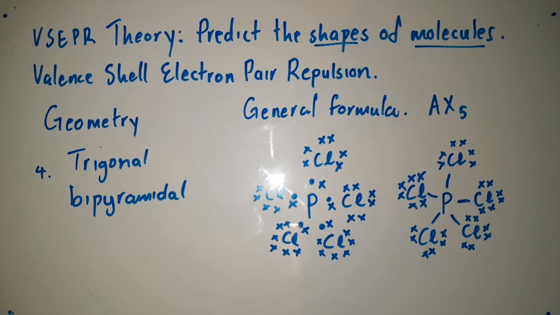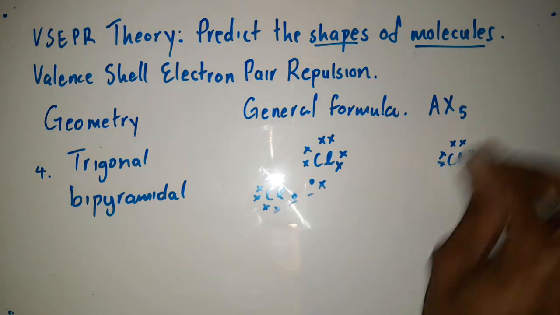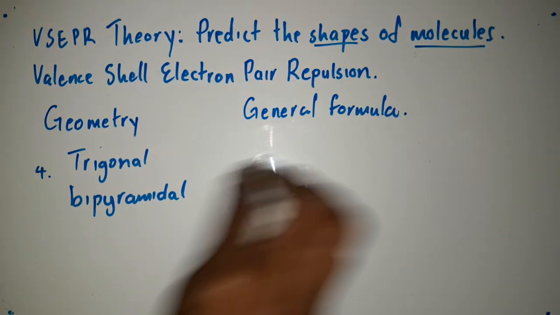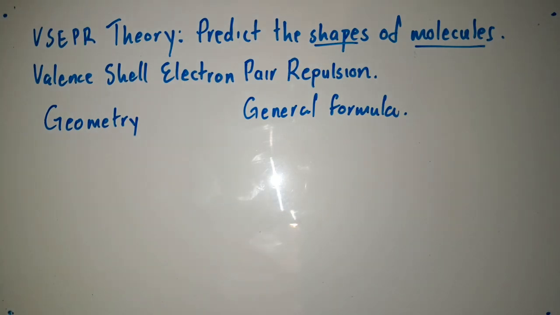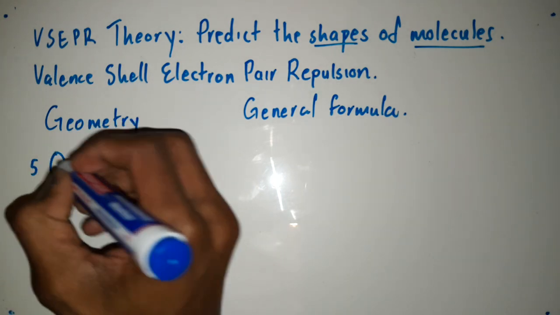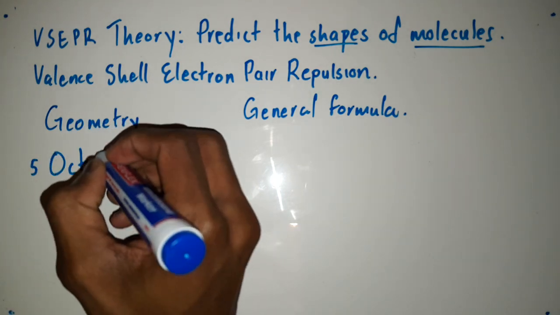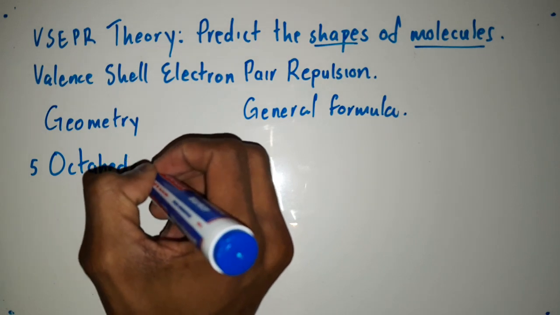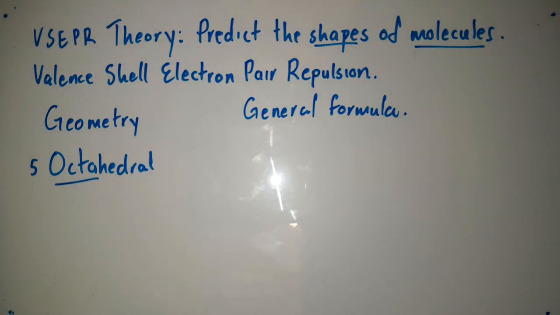We also have this one. Okay, we also have the fifth one, which is known as octahedral. The word octa means 8.